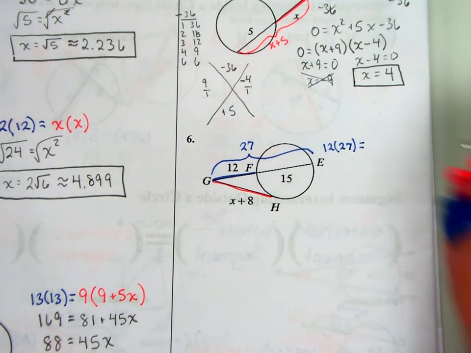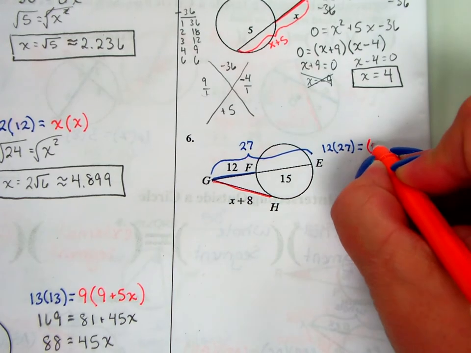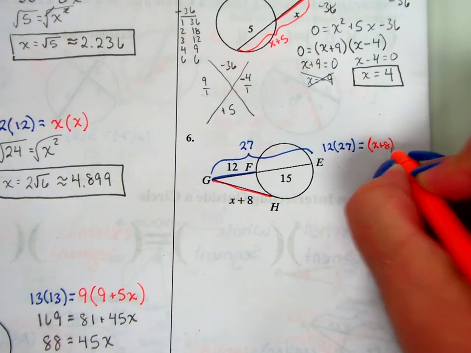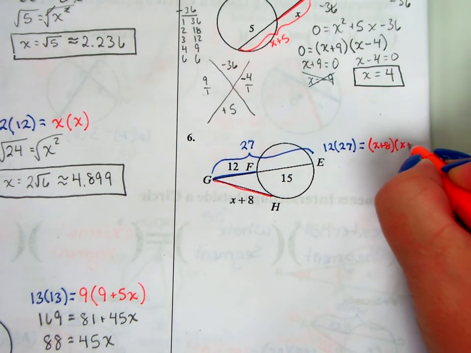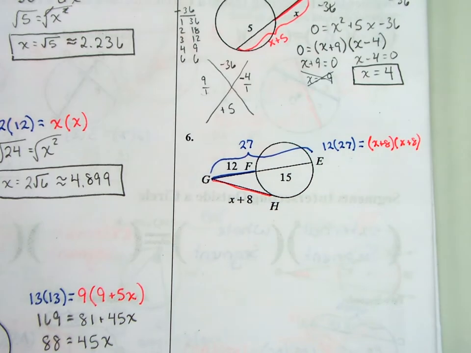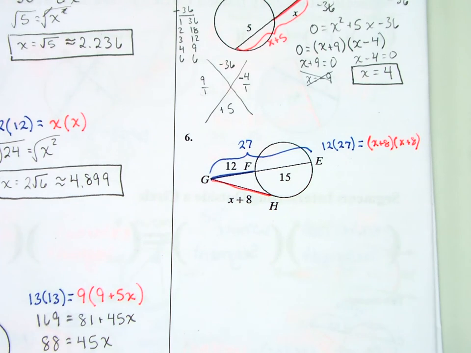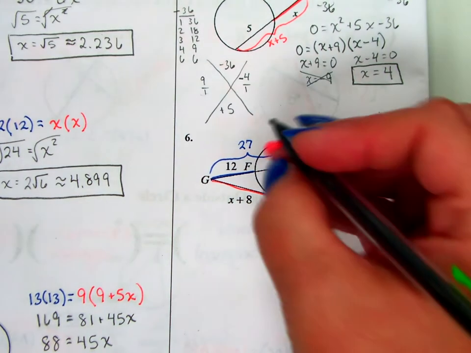Equals the external is x plus 8 times the whole is x plus 8. So the left hand side, 12 times 27, oops, my calculator turned off, is 324.